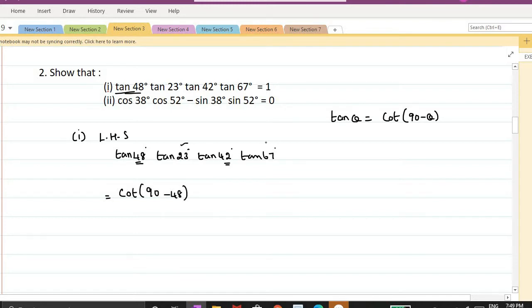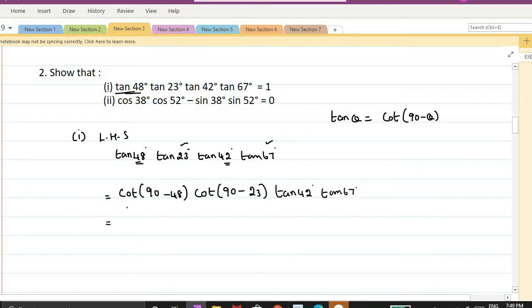Next one, if I add 23 and 67, I will get 90 degree. So I am going to change tan 23 also as a complementary angle. So cot 90 minus theta, where theta is 23. So 23. The next two terms I didn't change anything: tan 42 degree, then tan 67 degree.